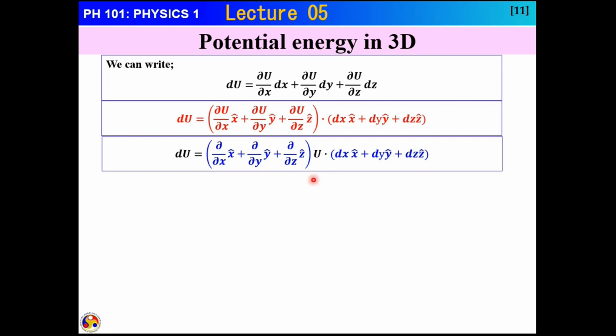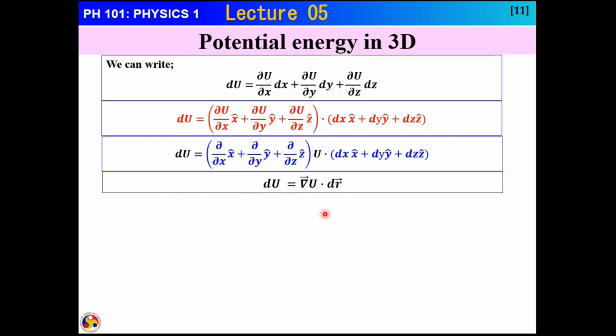You will learn more in detail in PH 102, but here also we are introducing it without giving a very detailed explanation. Again, I'm repeating, this del operator acting on u is called the gradient. So the gradient of any scalar quantity is a vector quantity, and then we do the dot product with the displacement vector.